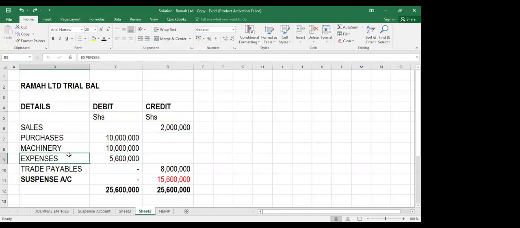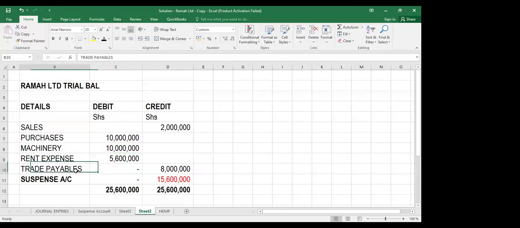Expenses, maybe expenses don't have one account. Let's say rent expense. Rent expense, we can use that. It had a debit balance of 5.6 from that ledger account. So you're picking those balances from your ledger accounts to your trial balance.